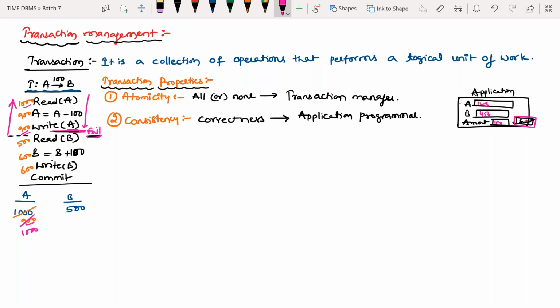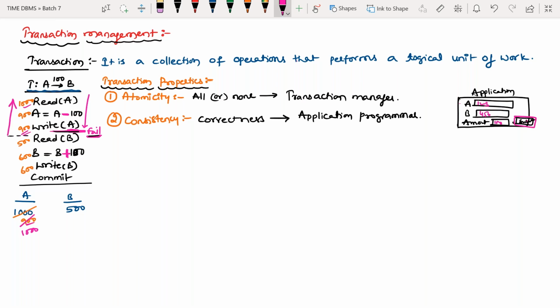Let me give a simple example. Transferring from account A to B requires a debit from account A, and then a credit into account B. Debit and credit.